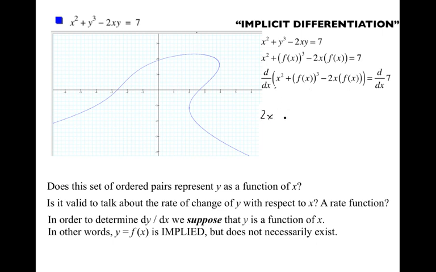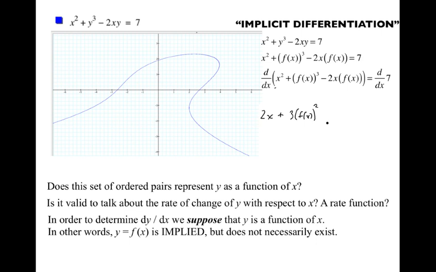Now we apply the chain rule, and we're all masters, most of us are masters, some are still catching up. The chain rule says 3 times f of x to the second power, squared. And that's it.